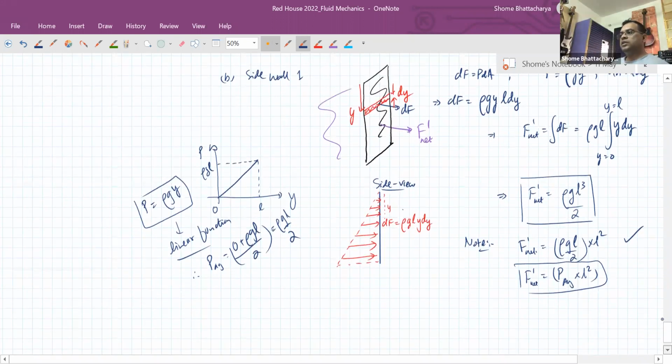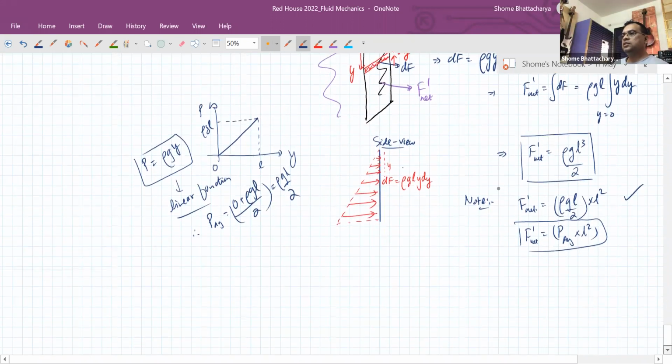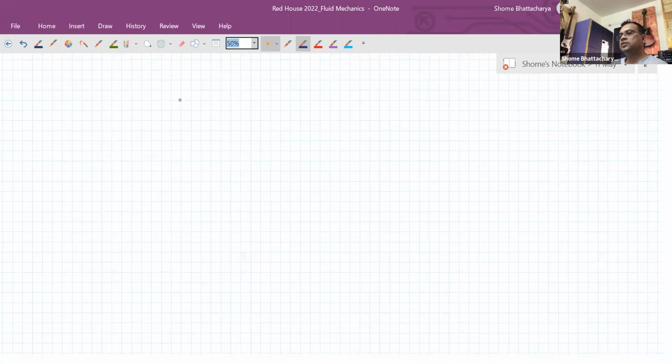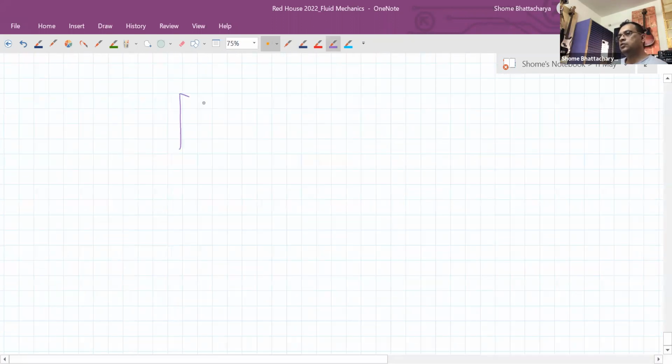Okay. Now another interesting fact about this situation here is, before we come to that fact, if we consider the water body or the fluid body as an object and think of its free body diagram, you will see that on that fluid, there is like a normal contact force that the floor is applying.